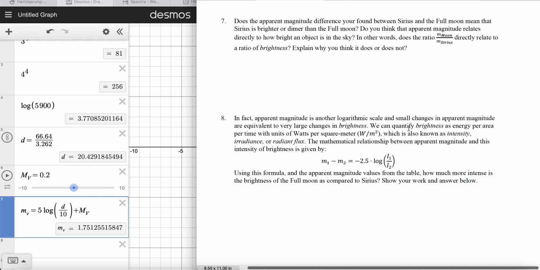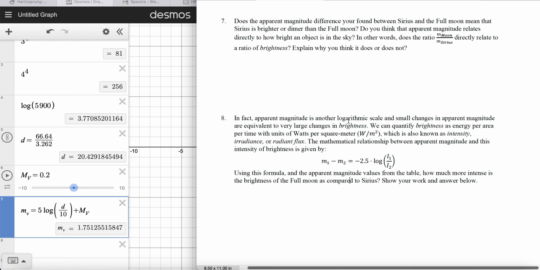So in fact, the difference between any two apparent magnitudes, although sometimes you hear them called apparent brightness, is not related to the intensity, how bright that little dot is in the sky, linearly, but instead logarithmically.